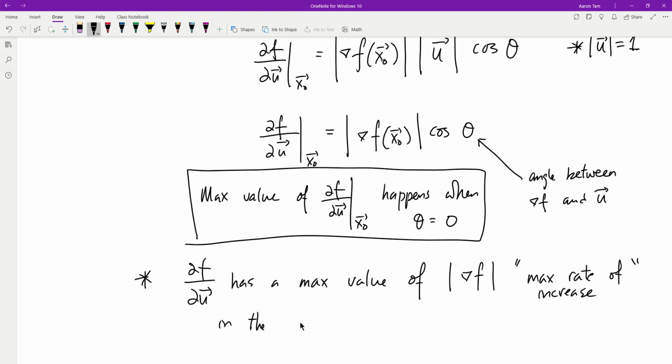In the direction of the gradient of f. So this is referred to as the direction of the max rate of increase.